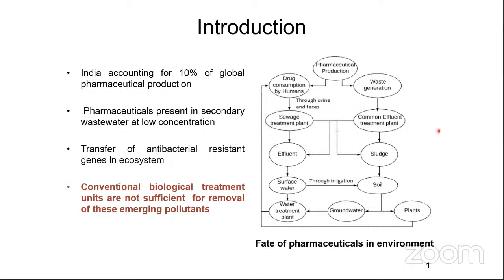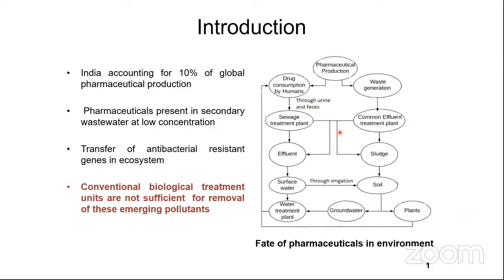Talking particularly about the pharmaceuticals, India is a hub for the production and consumption of pharmaceuticals. These pharmaceuticals consumed by humans enter the sewage treatment plant through urine and feces in the form of parent compound and metabolites.